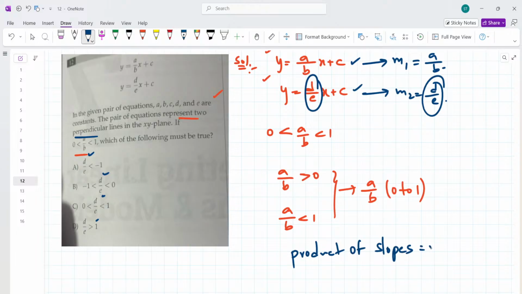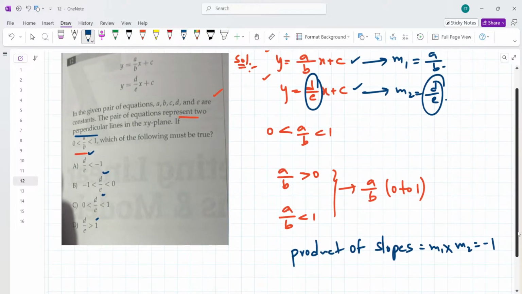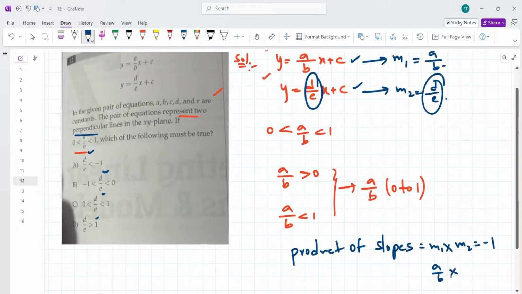Product of slopes equals -1. M1 times M2 equals -1. So what is M1? A by B we got. M2, D by E we got, equals -1.